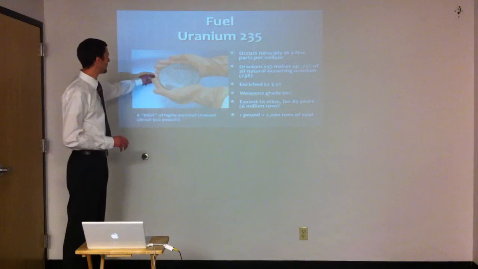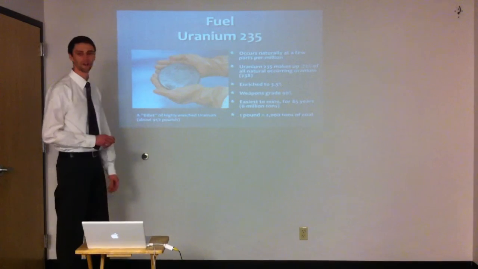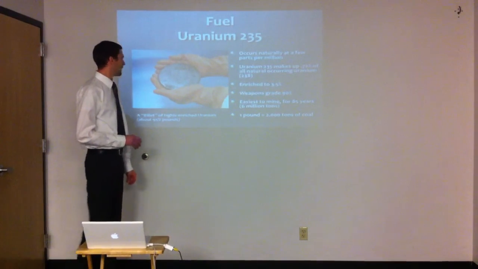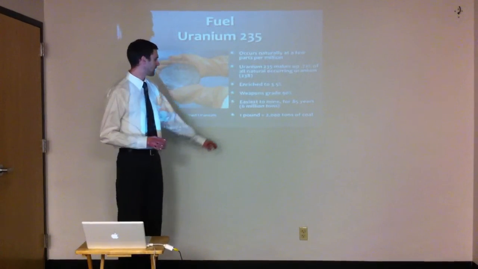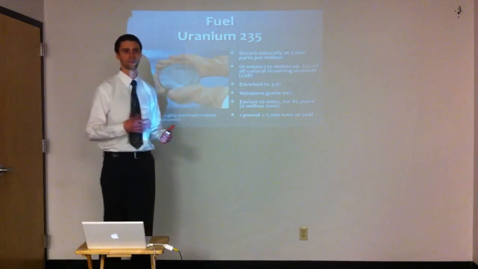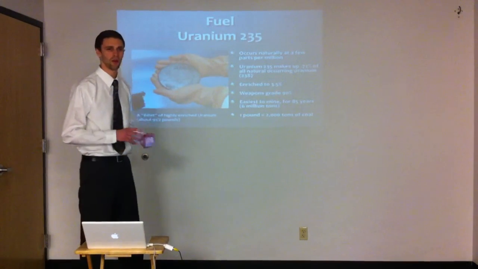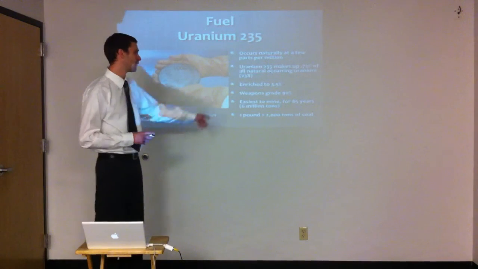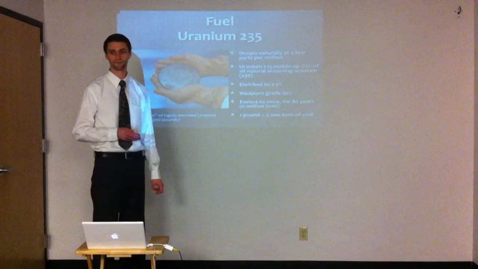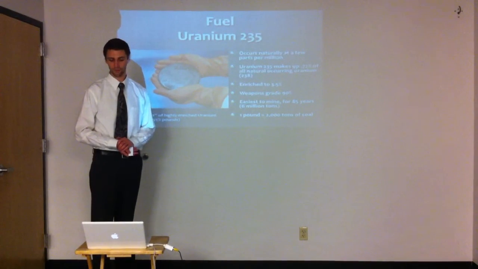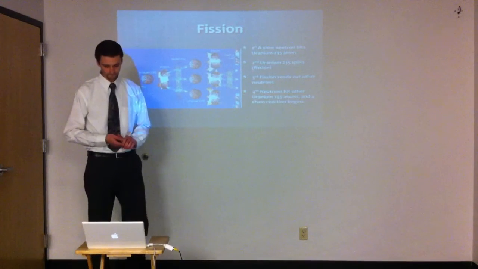This picture here is a picture of a billet of highly enriched uranium. It's about 9.5 pounds of uranium. And just so you can understand how much power is in this uranium, 1 pound of uranium will produce as much electricity in a nuclear power plant as would 2,000 tons of coal. So it's got a lot of energy in that element.